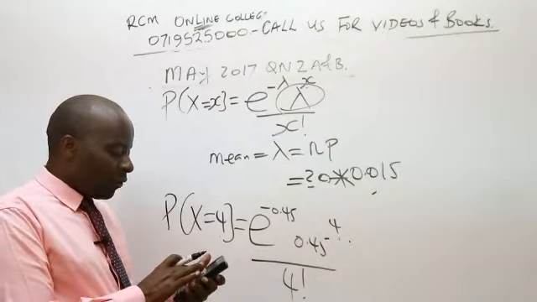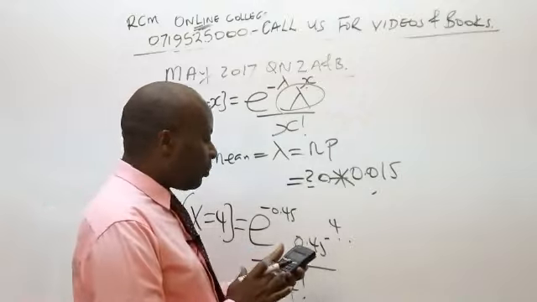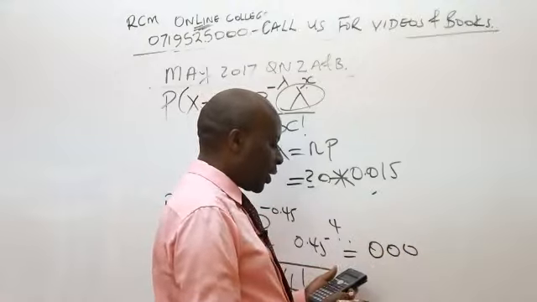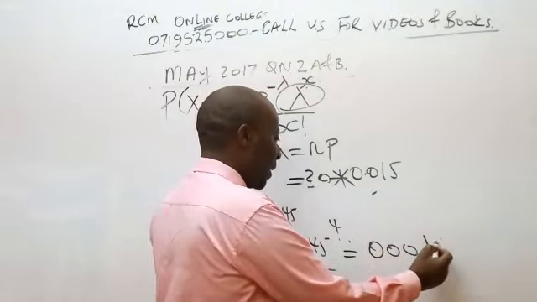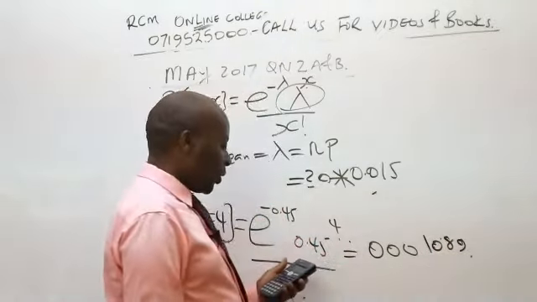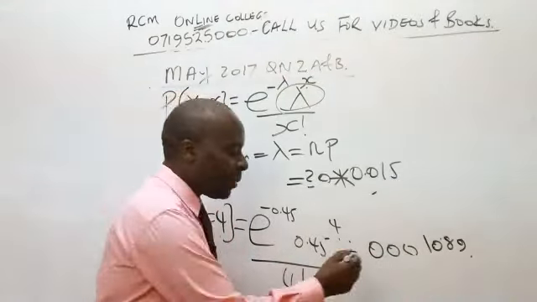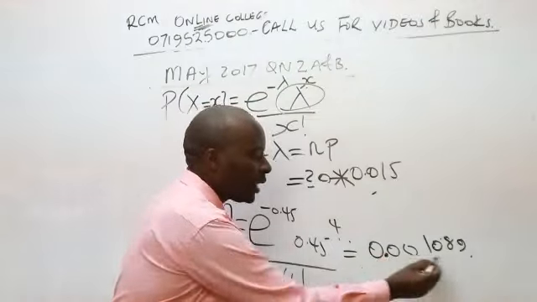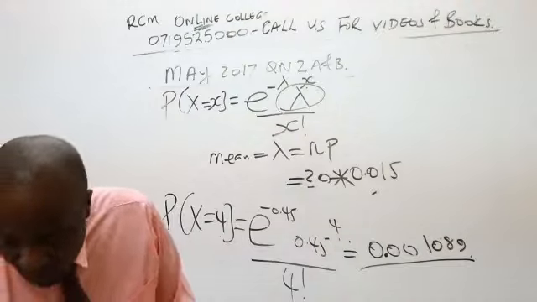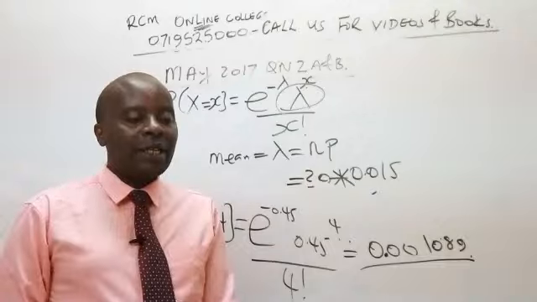At the end of the day this gives us a very small probability, which has 3 zeros on the left-hand side, and then we have 1089. I'll write the 3 zeros on the left-hand side, and then plug in the decimal. That is the probability, a very small probability. So that is the answer to number 1.